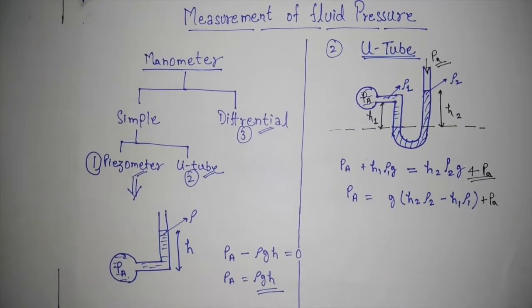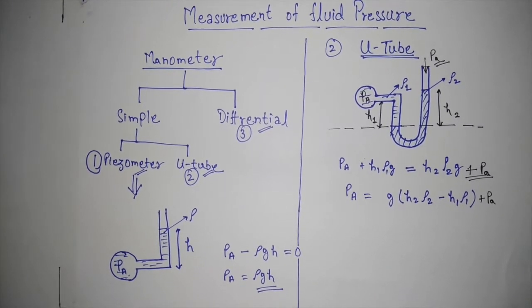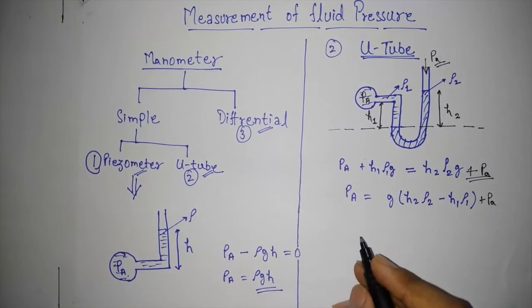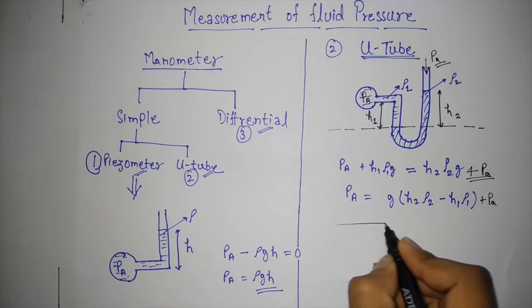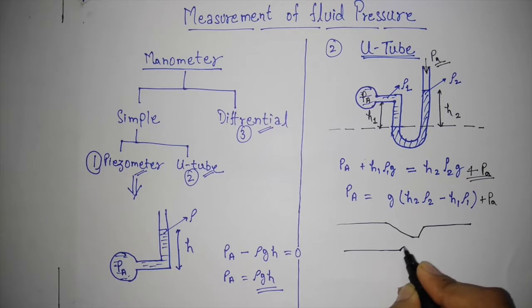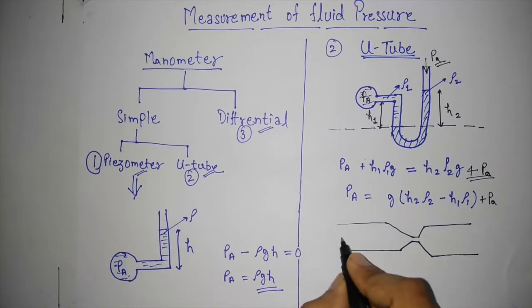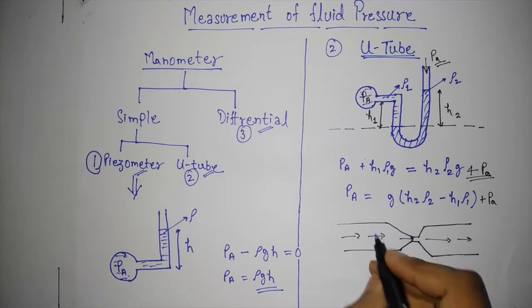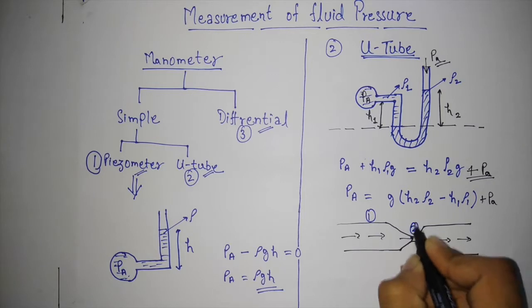The huge application of U-tube manometer is where we need to measure the pressure of the two sections of a pipe where the fluid is flowing. For example, in venturimeter that you will learn in the further tutorial, let me give you a brief idea. Suppose it is a venturimeter and the fluid is flowing here. Here we need to measure the pressure between the two sections, that is the pipe section and the throat section.